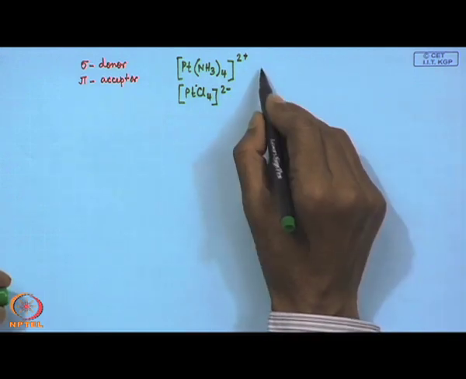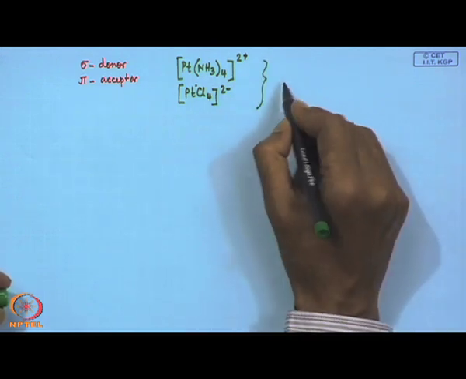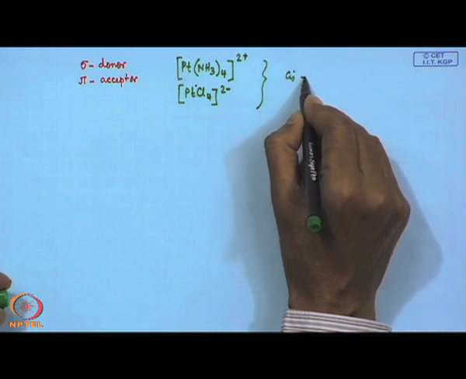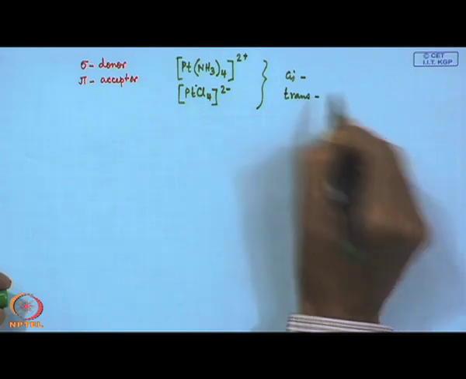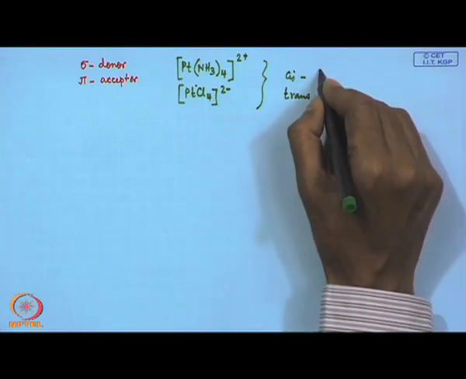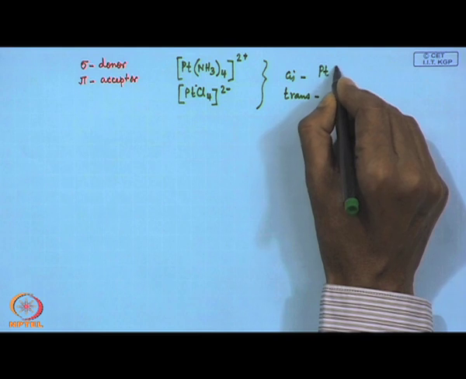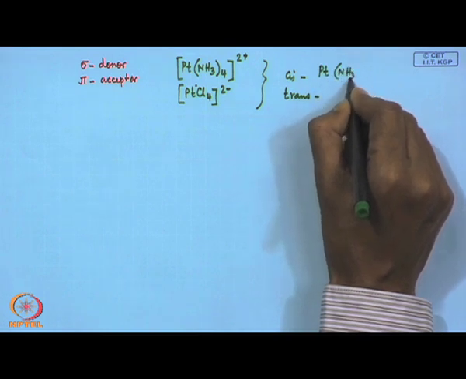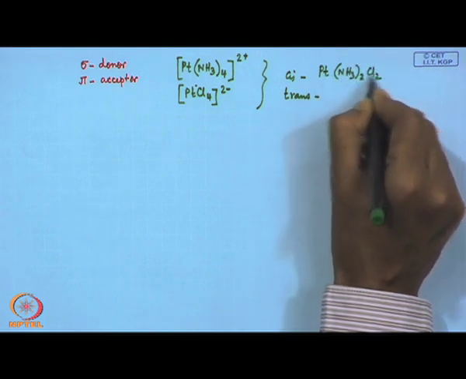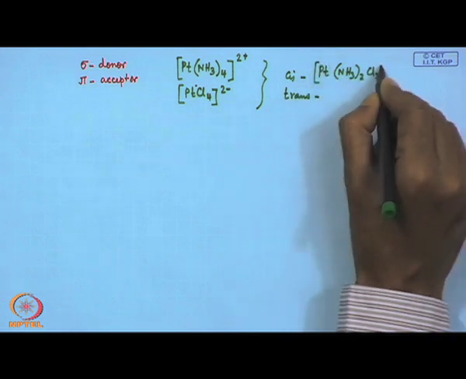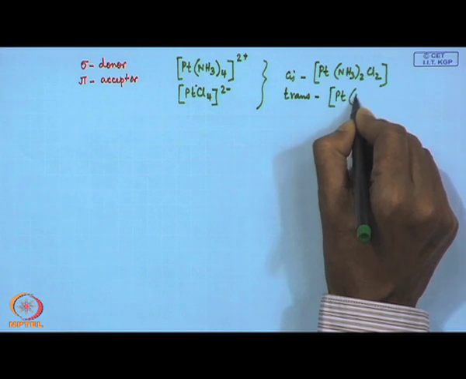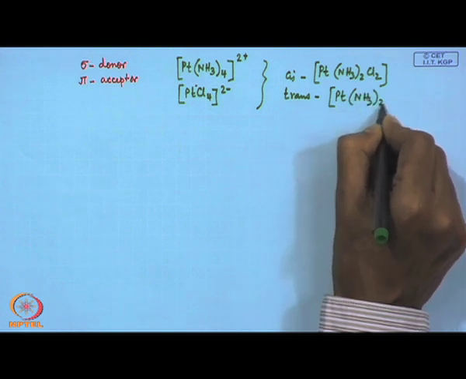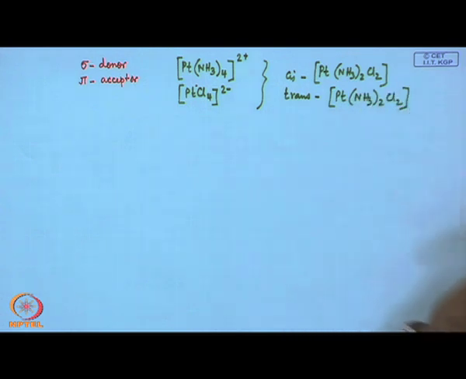So, of these two, one will give the cis isomer and another will give the trans isomer of Pt(NH3)2Cl2 and the trans Pt(NH3)2Cl2.